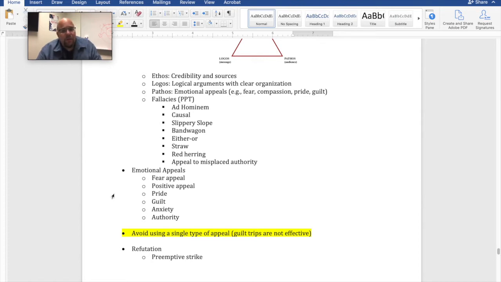Next up, and similar to guilt, is anxiety. You want to make people nervous about something. Sometimes it'll be things they didn't even know they should be nervous about and that they weren't nervous about until they see a commercial that tells them you may have a problem. I think of, I'm a bald dude, as you can clearly see, I think about Rogaine commercials, or I think the brand is Keeps now, where you've got the guy with the hat on and he's talking about, I was going out in public and people were laughing at my bald head, and every time I'd get up, I'd see more hair on the pillow, and oh my God.